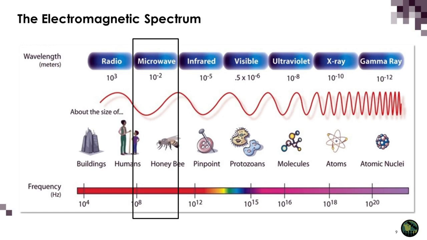Microwave sensors operate within the range delineated in this figure, which is at a much lower frequency or longer wavelength range than optical and infrared sensors. So, to put things into context, the wavelength of light is about 390 to 700 nanometers, while for microwaves, it's on the order of 0.3 to 100 centimeters.